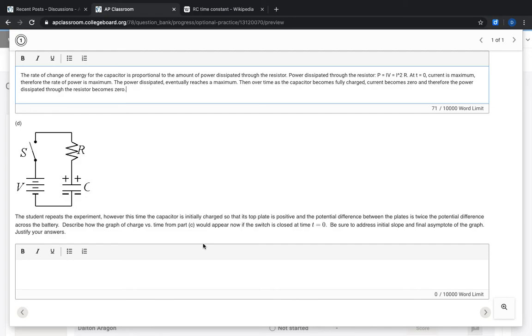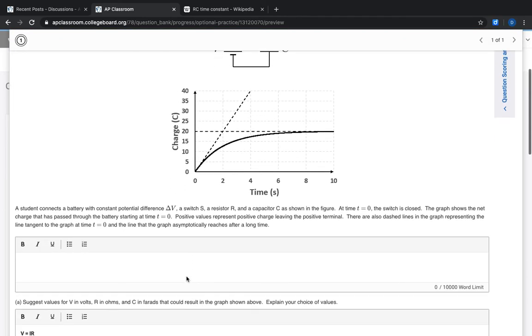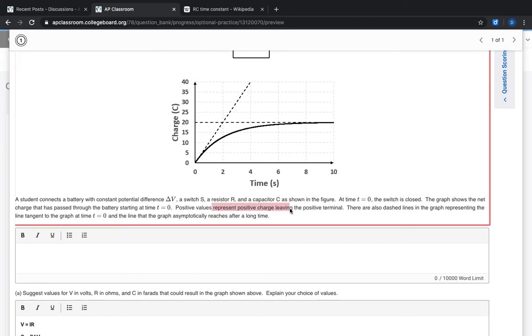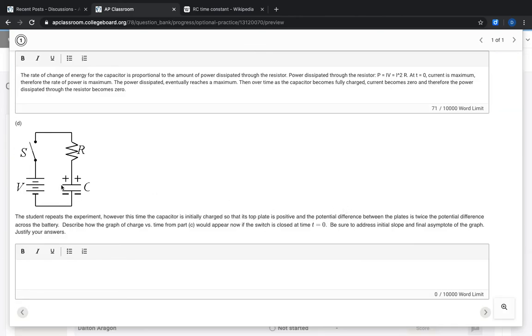Justify your answer. Okay, so if we're talking about charge versus time, if you remember from this description here, they told us that the positive value for charge represents positive charge leaving the positive terminal of the battery. Okay, if we look at this circuit here, they just told us that the capacitor has a larger potential difference. So think about at time 0, you could think of this as like a bigger battery, right, temporarily.